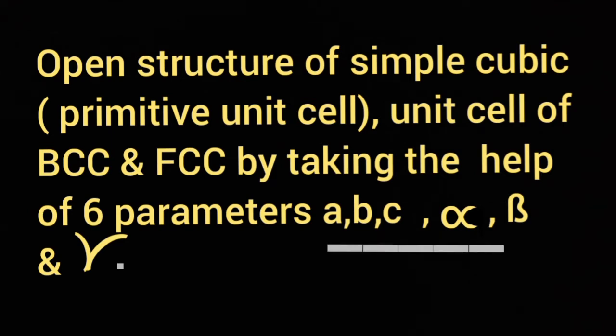Here we have taken a is equal to b is equal to c and alpha, beta, gamma 90 degrees. But we can make different unit cells having different values of a, b, c and alpha, beta, gamma. But here we have only taken a equal to b equal to c and alpha equal to beta equal to gamma equal to 90 degrees.